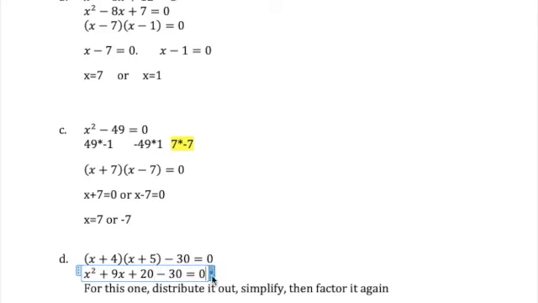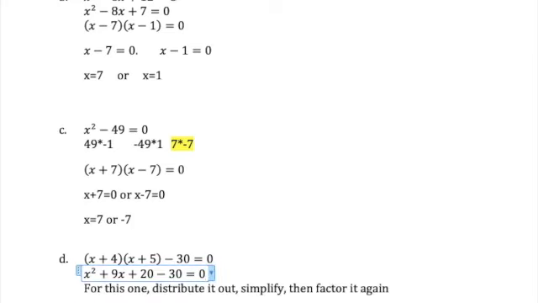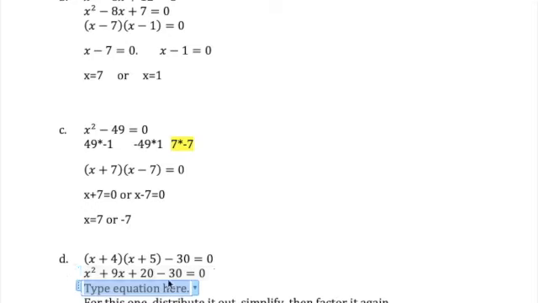Negative 20 minus 30 is negative 10. So then I've got to factor this. See, multiplies to get me negative 10, and adds to get me 9.